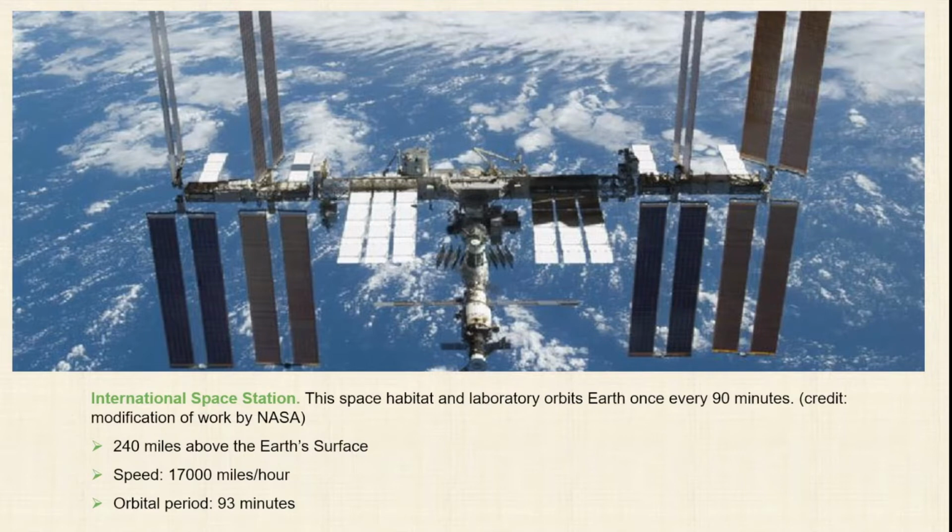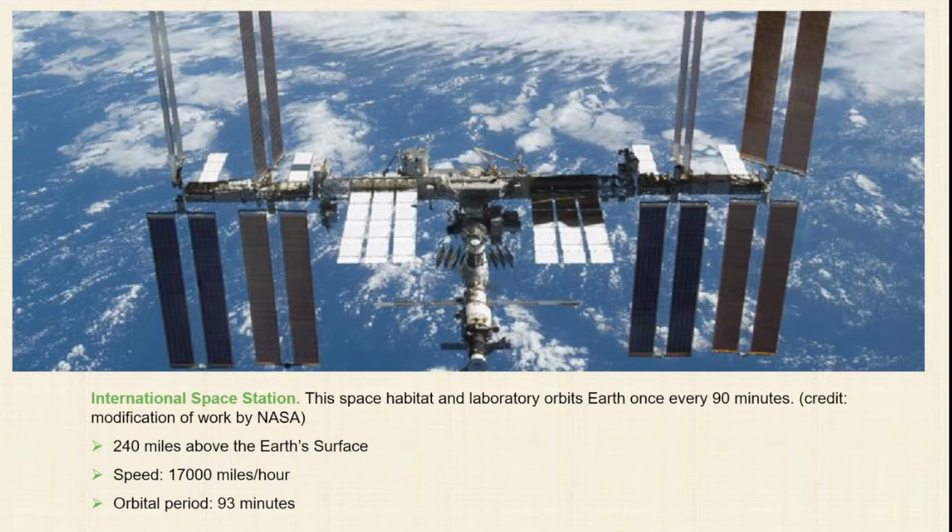A chapter opening question: you will see this International Space Station in a different way at the end of the chapter, because you will have known the physics of it, the dynamics of it. This thing is not in a static state.